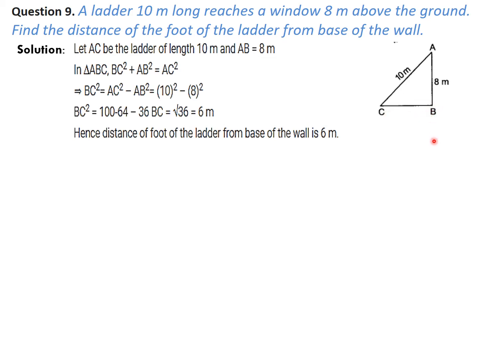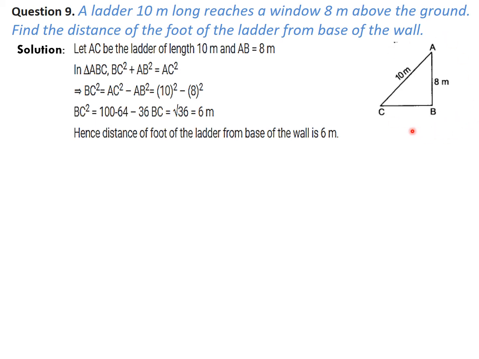Simply we can see any building or tower or any vertical object will always be perpendicular, or make a 90-degree angle with the ground. So definitely AB is perpendicular to BC. Since we have a right angle triangle, we'll simply use the Pythagoras theorem.